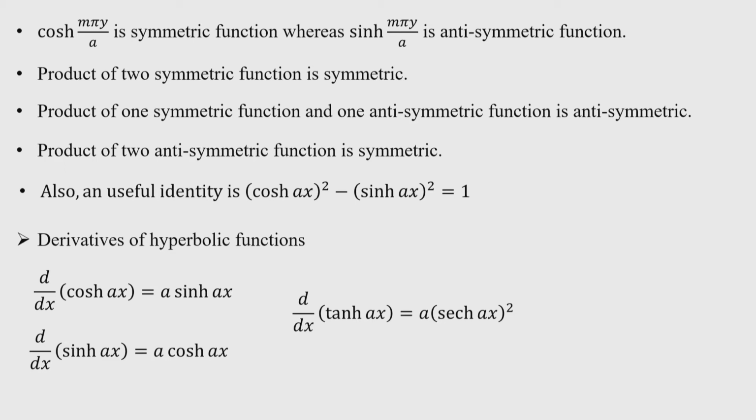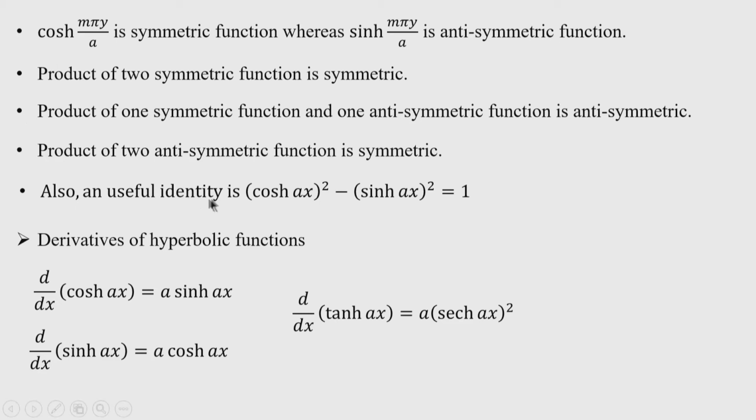But when y is multiplied by sinh(m pi y / a), y is antisymmetric and sinh(m pi y / a) is antisymmetric, so the product of two antisymmetric functions is symmetric. That we will use.